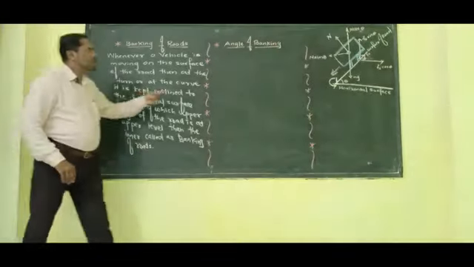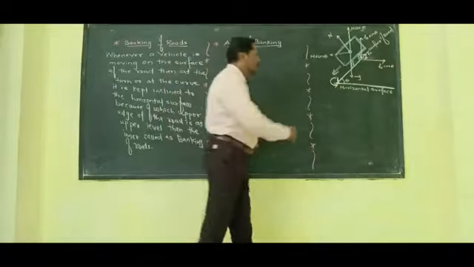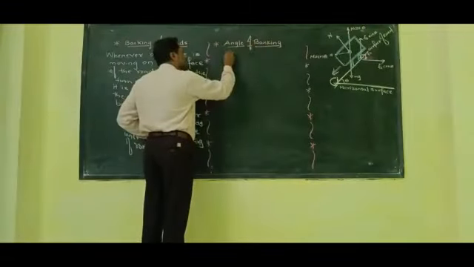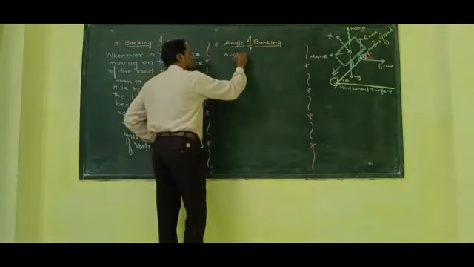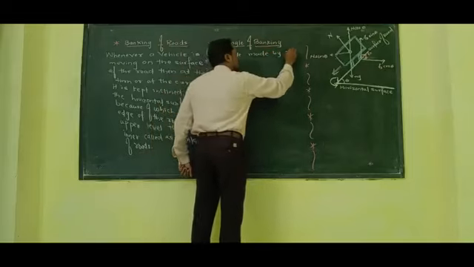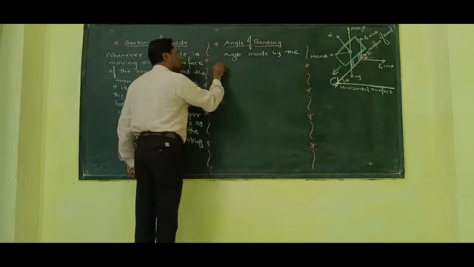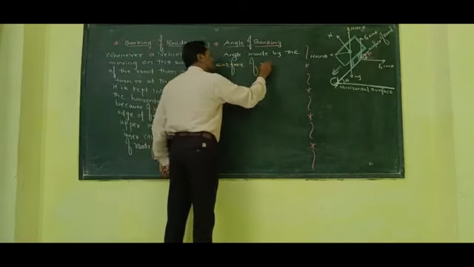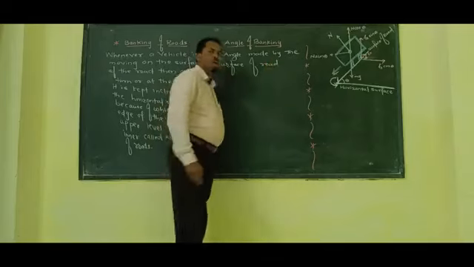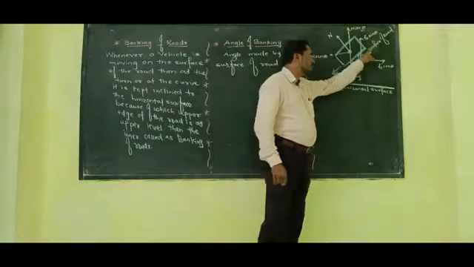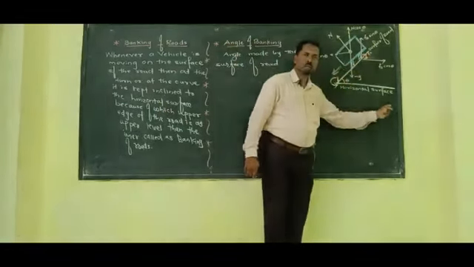Next point, what do we understand by the term angle of banking? In the figure, theta is the angle. What is angle of banking? Angle made by the surface of road. Which roads are making the angle? We have two roads, one is the surface of road, another is the horizontal surface.